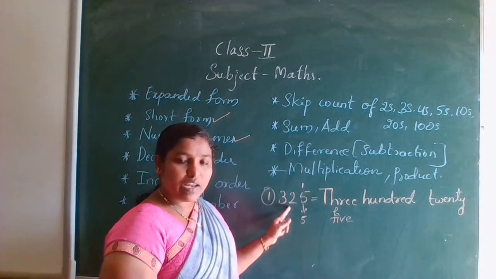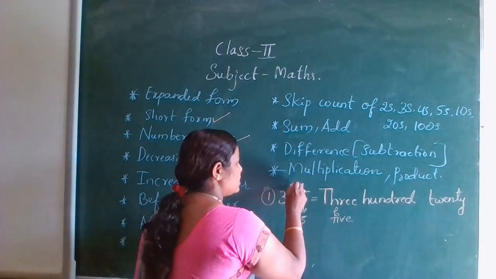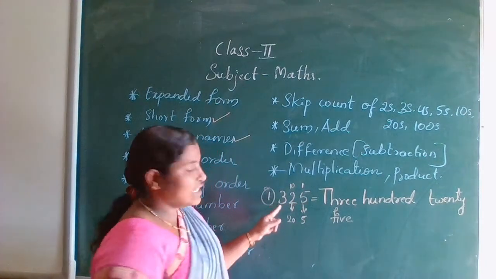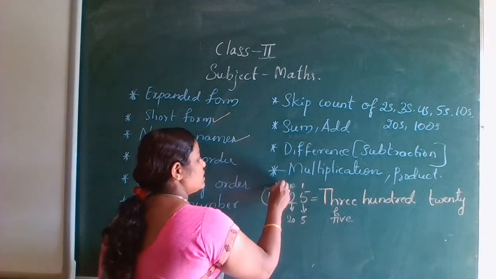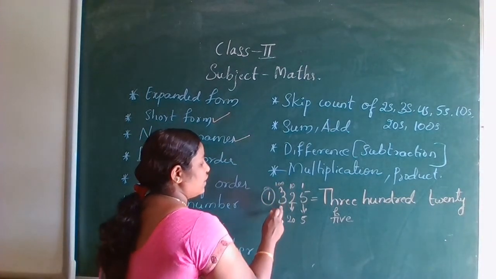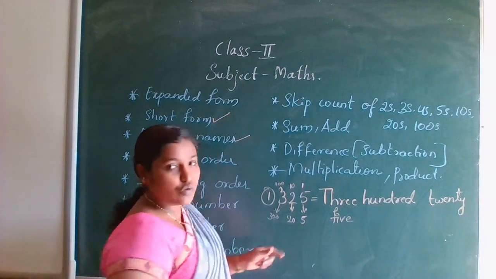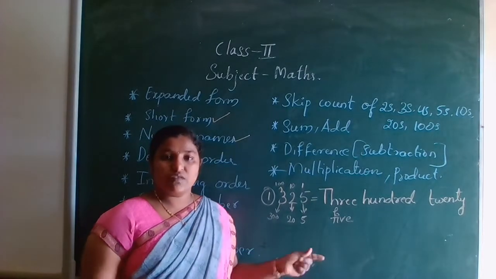What is the place value of 2? It is in the tens place, 10 into 2, that is 20. What is the place value of 3? This is in the hundreds place. 100 into 3, 300. So these are the place values we should express in terms of expanded form.